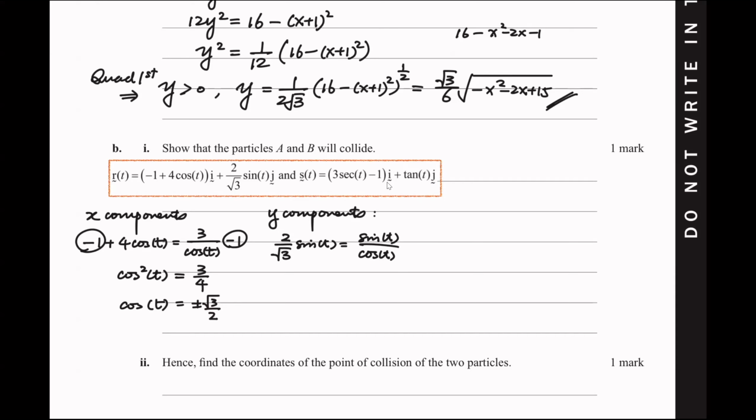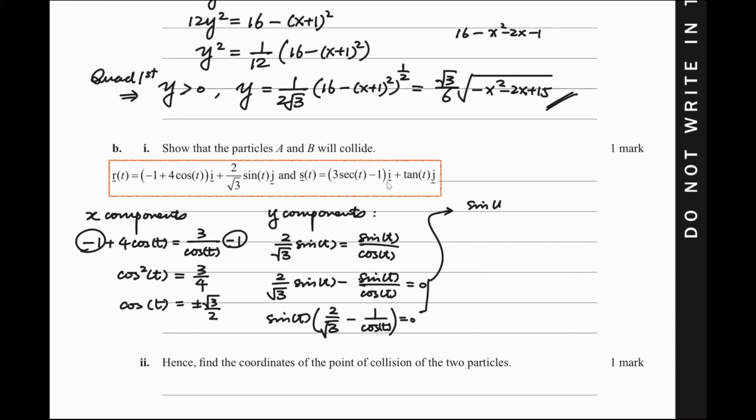If I just push everything to one side, 2 on root 3 sine t take away sine t divided by cosine t equals 0. Then I'm able to get sine t out: 2 on root 3 take away 1 over cosine t equals 0.